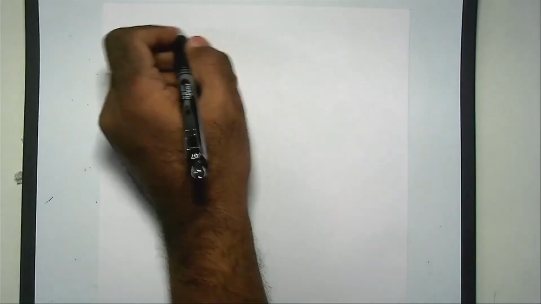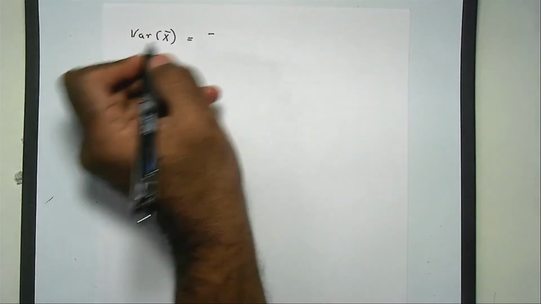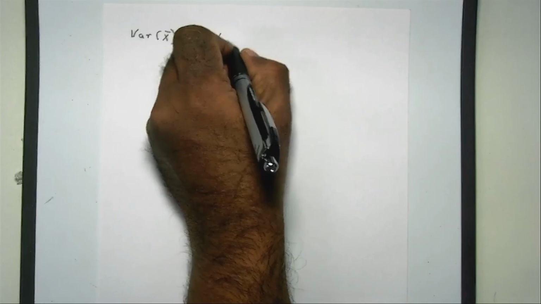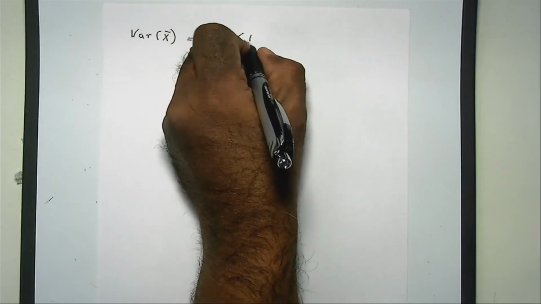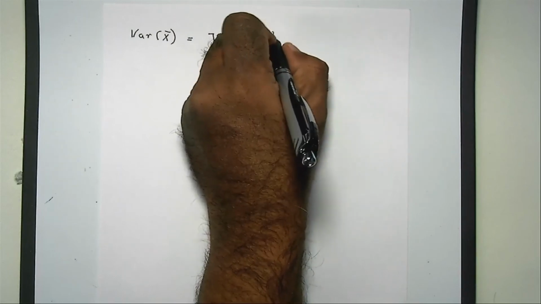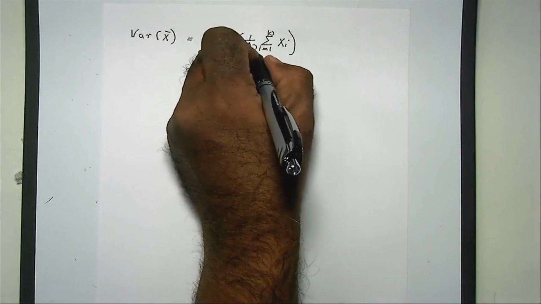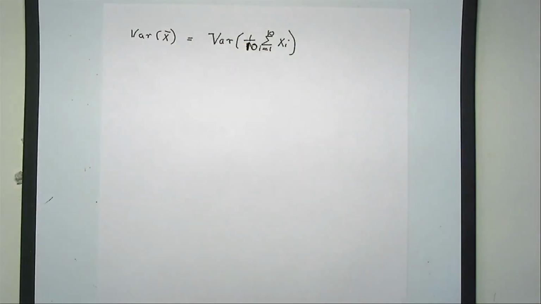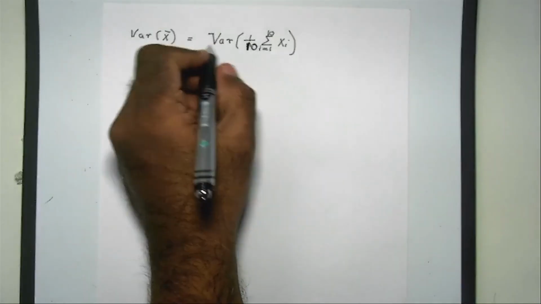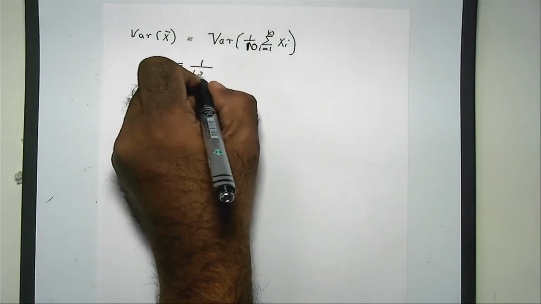This is the same as the variance of 1 over n times the sum, with n being the sample size, which is 10 here. And if you take the 10 outside and bring the variance inside, you will get 1 over 100.